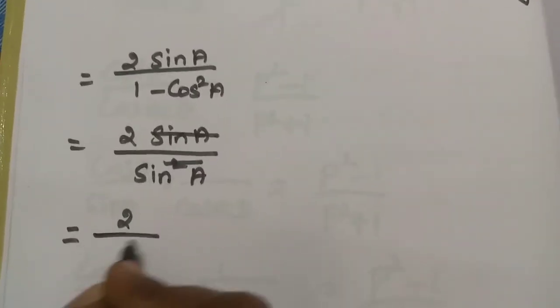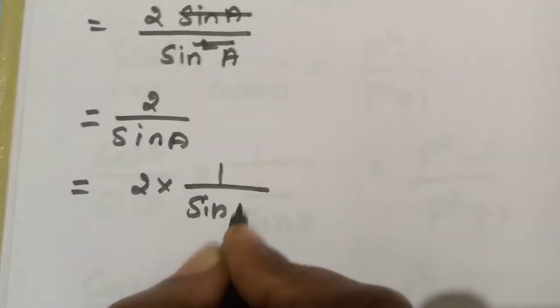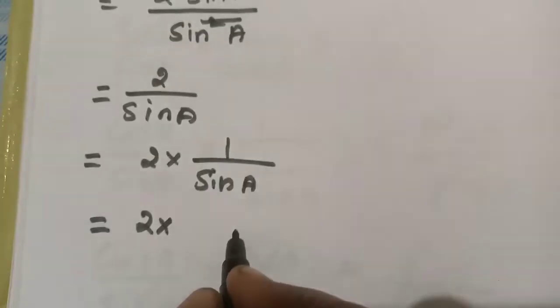Remaining 2 by sin A, which can be written as 2 into 1 by sin A, which is equal to 2 into, what is 1 by sin theta? Cosecant theta.